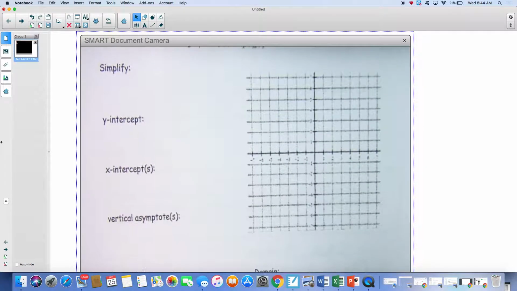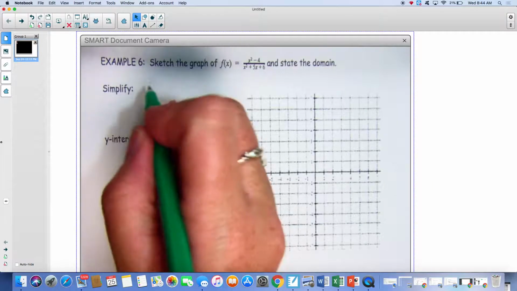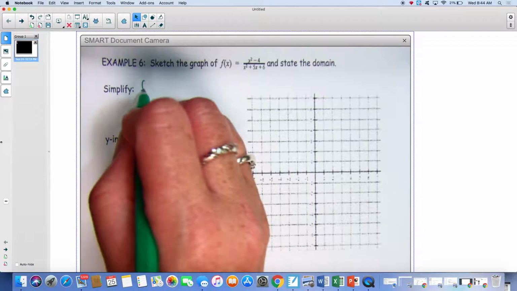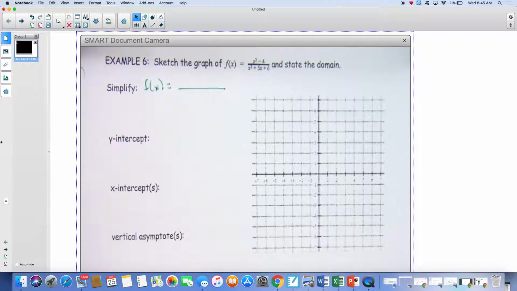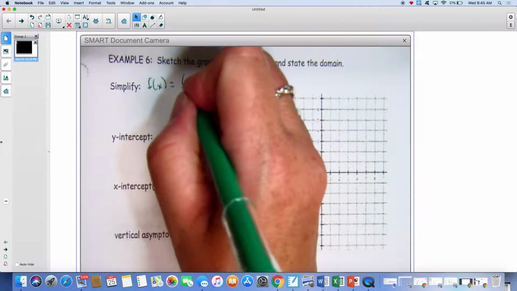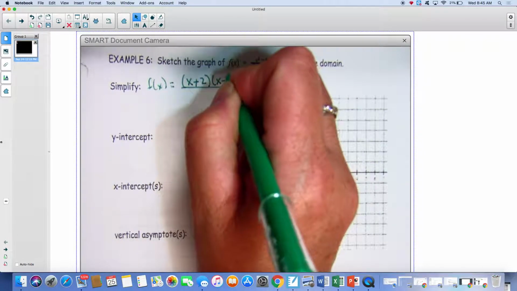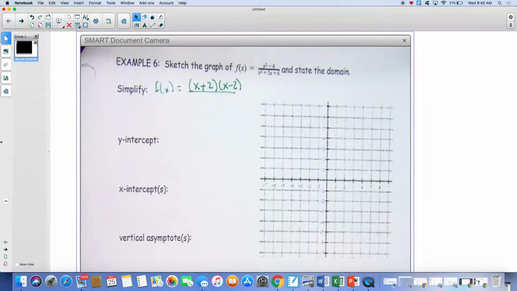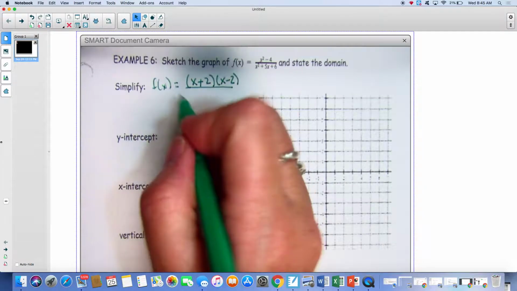Example 6. What's the first thing I ask you to do here? Simplify. So x squared minus 4 factors, and x squared plus 5x plus 6 factors.